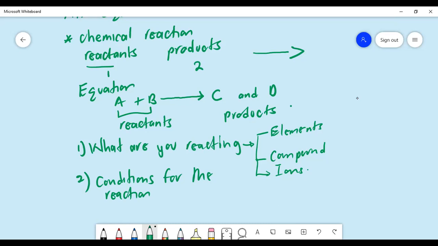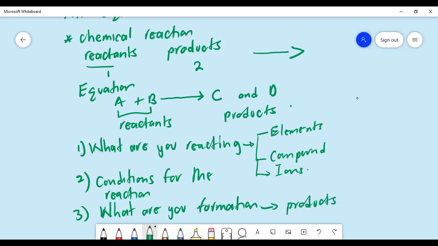All those are the conditions. Then three, what are you forming? Remember, what you are forming is what we call the products. What is your target? These are the products.